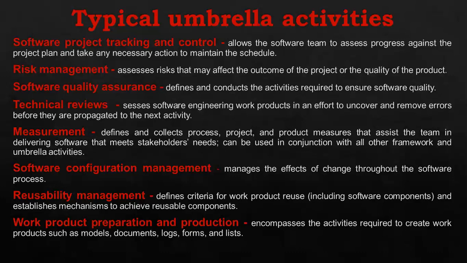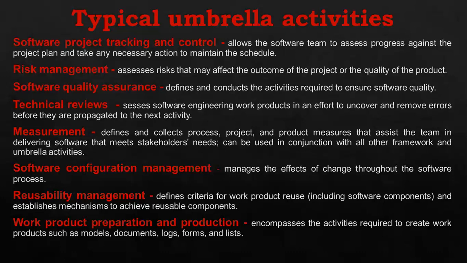Then coming to software quality assurance, which defines and conducts the activities required to ensure software quality. Then we need to do technical reviews. So we need to assess the software engineering work products in an effort to uncover and remove errors before they are propagated or before they are delivered to the next activity.